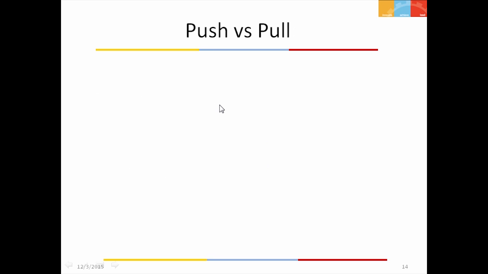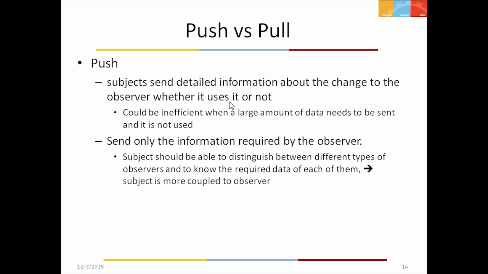Here is a design choice of push versus pull. In the push mechanism, the subject sends the detailed information about the change to the observer, whether it uses it or not. It could be inefficient when a large amount of data needs to be sent, and it is basically getting wasted. Another choice could be to send only the information required by the observer.